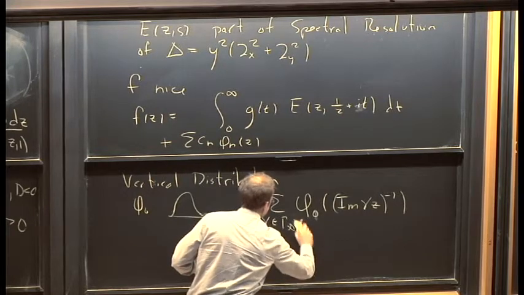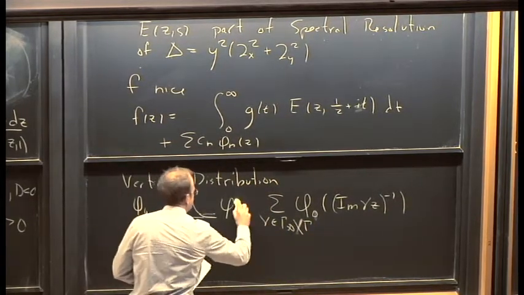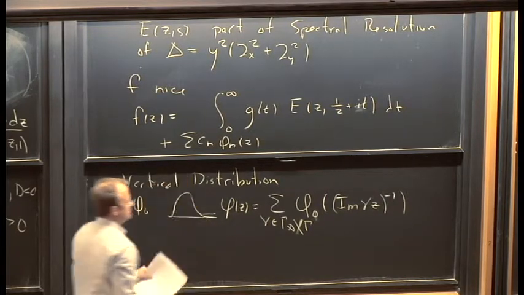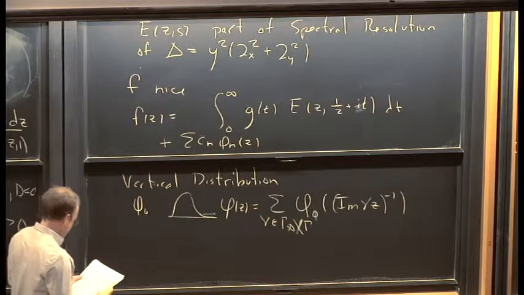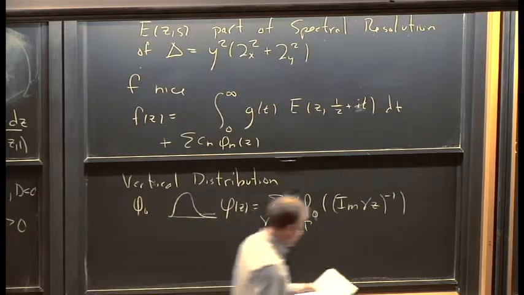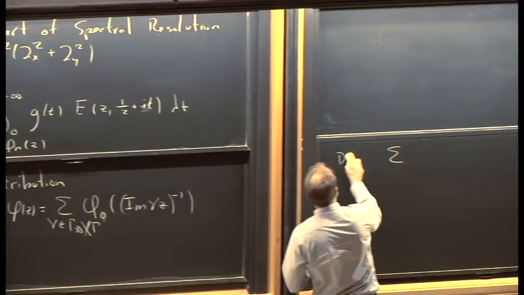If I call that little phi of z, this function is gamma invariant, and it really is constant on vertical strips. But we can use it to pick out a vertical strip if we want by choosing the phi correctly.